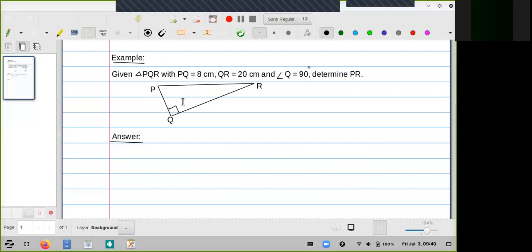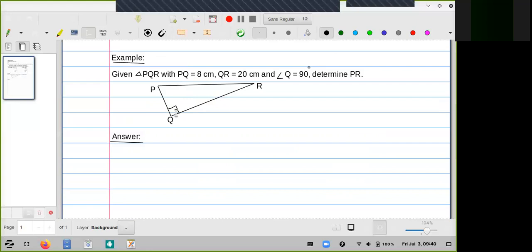Why are we saying it's a right-angled triangle? The angle Q is 90 degrees, right? Then it is a right-angled triangle. So this symbol, a square on vertex Q, is the symbol which shows that it is 90 degrees, or it is perpendicular, or we are having a right angle here.